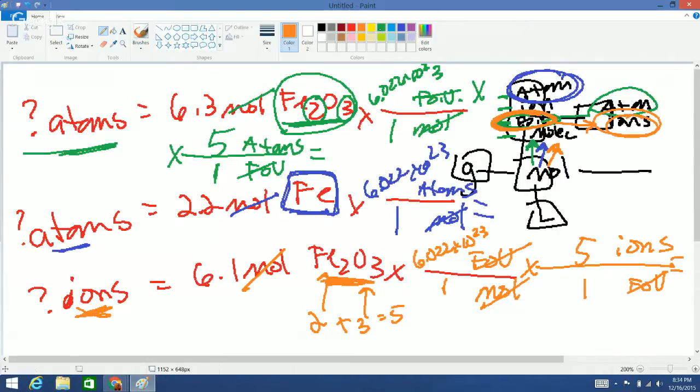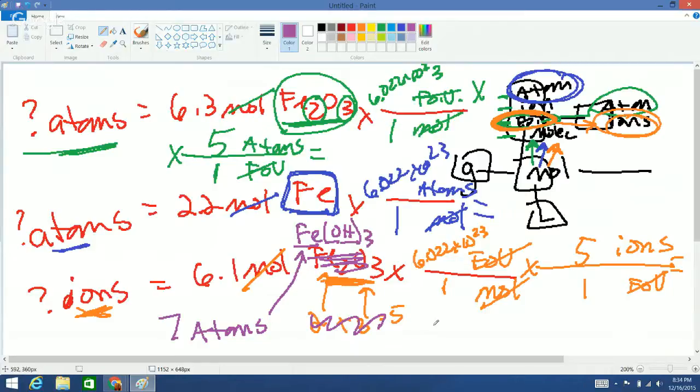But this isn't always the case. It's not always the same as atoms. Like, let's change it to a substance like Fe(OH)3. If I look at the total number of atoms in this case, in this guy, he's got 1 iron, 3 oxygen, and 3 hydrogen. That makes a total of 7 atoms.